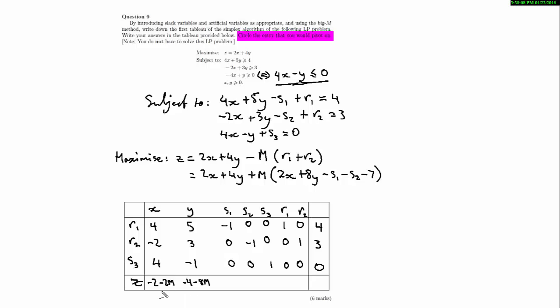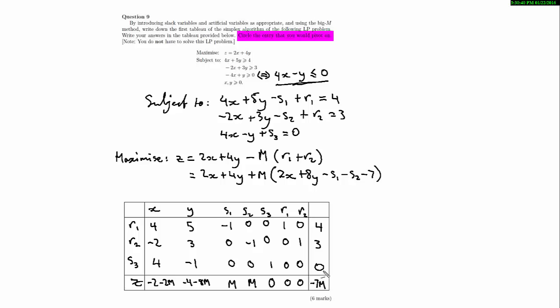And now it's a bit clearer as to why I gave myself so much room for x and y. Now we move on to S1. Because we have -M S1, that just gives us M down the bottom, and same for S2. Now 0 for S3, R1 and R2, and then finally we've got -7M up there for the constant.